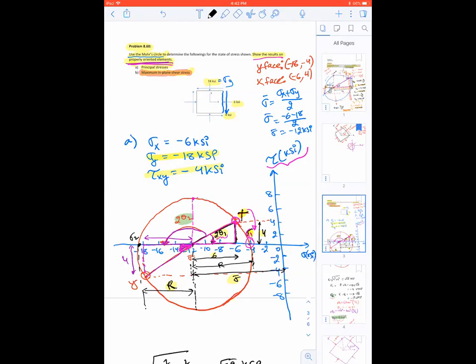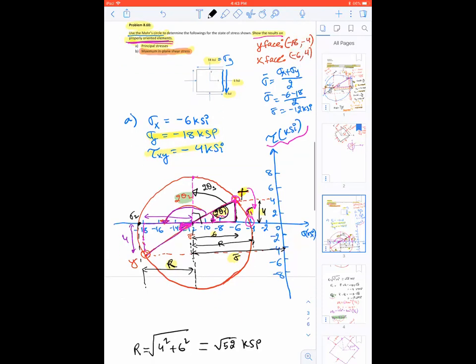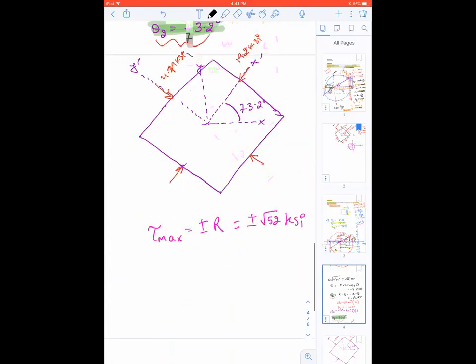So if I go from here to here, that will give me twice theta s. How do I get that angle? This whole thing is 90 degrees. 90 minus 2 theta 1 will give me 2 theta s.